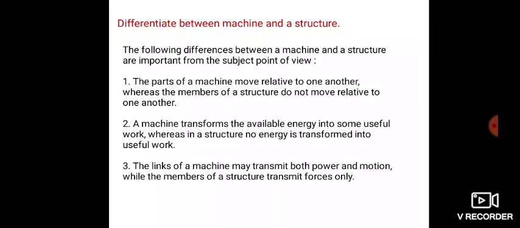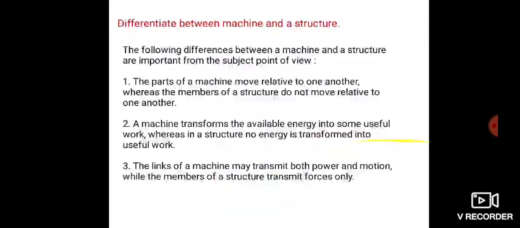Then second, machines transform the available energy into some useful work, whereas in structure no energy is transformed into useful work. Third, the links of a machine may transmit both power and motion, but the members of a structure transmit forces only.